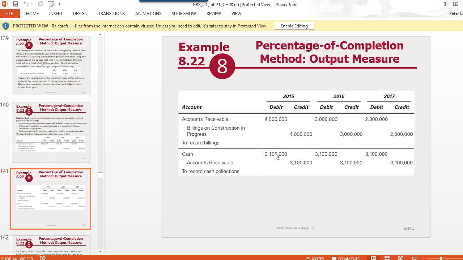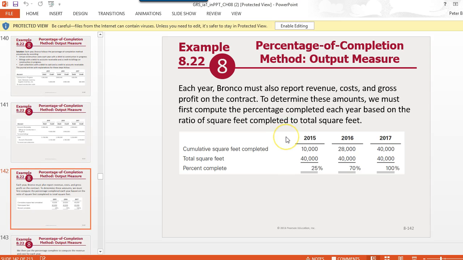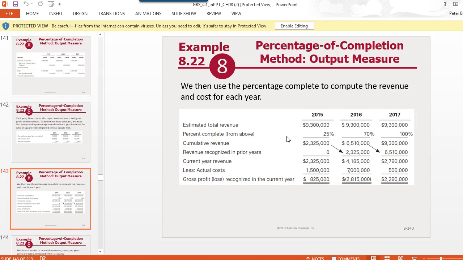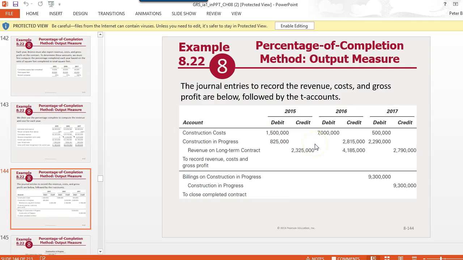When you get collection, you're going to debit cash and credit the accounts receivable for the revenue that you billed prior. And the output measure method is basically the same thing I just went over, except using a different percentage of completion.